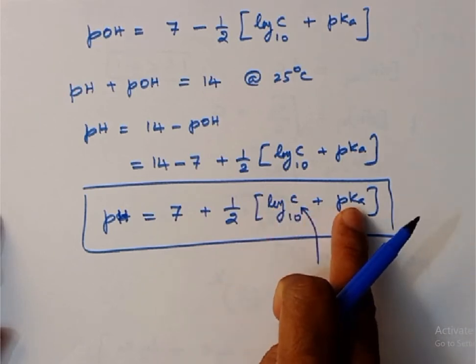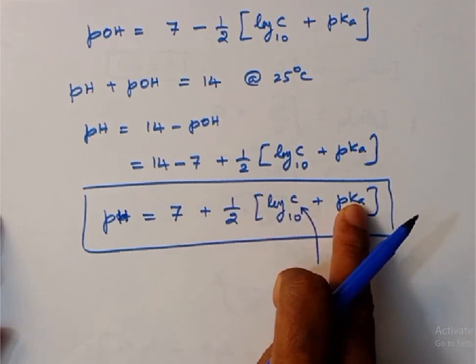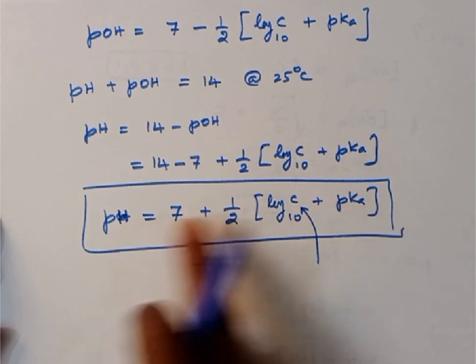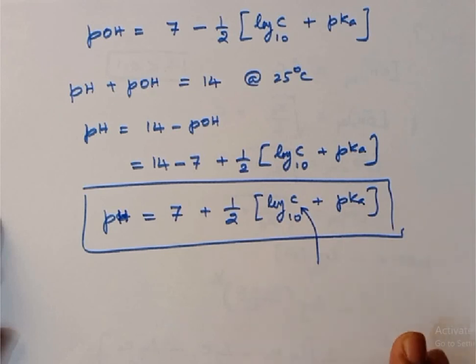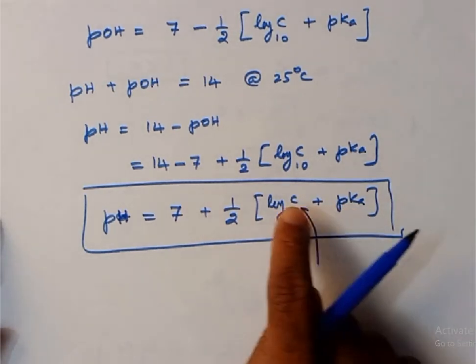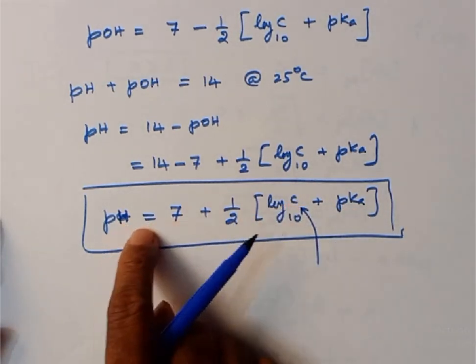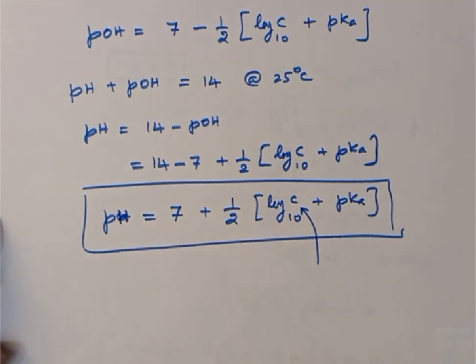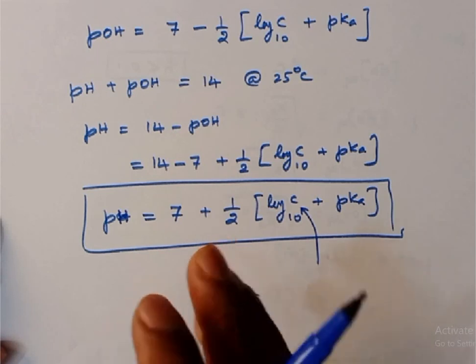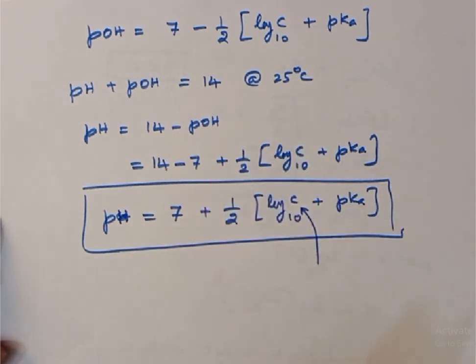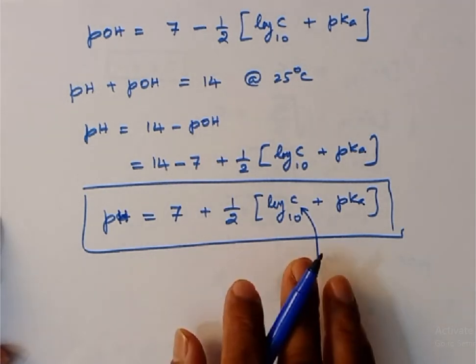And the pKa values for many weak acids are already available at different temperatures, at 25 degrees Celsius. So if you know this value and this value, you can calculate the pH of the solution which contains the salt of weak acid and strong base. So remember all this information.